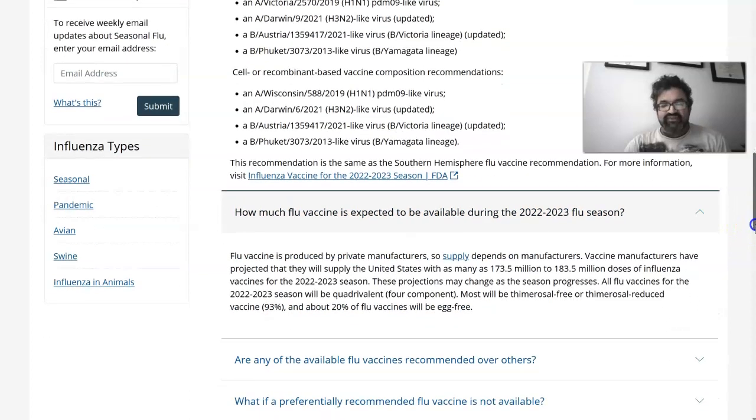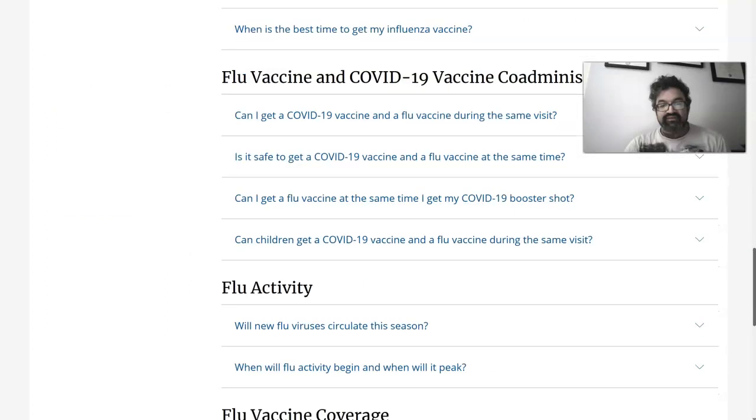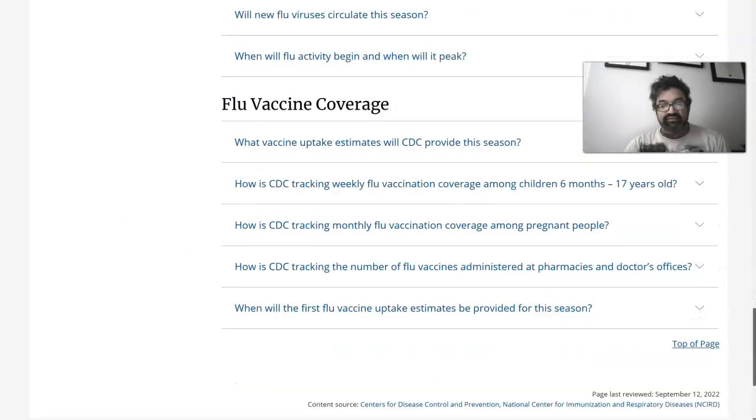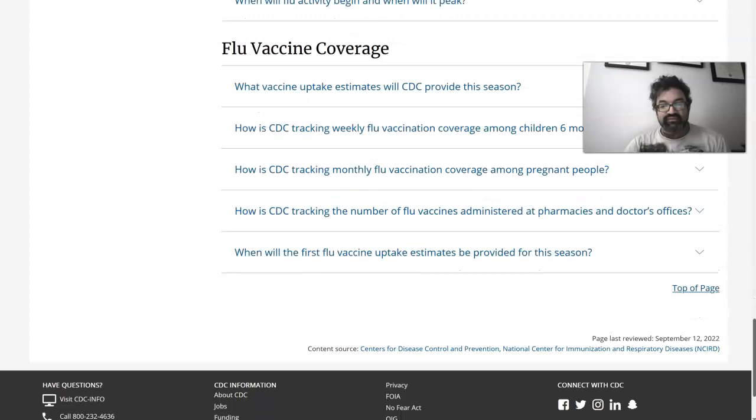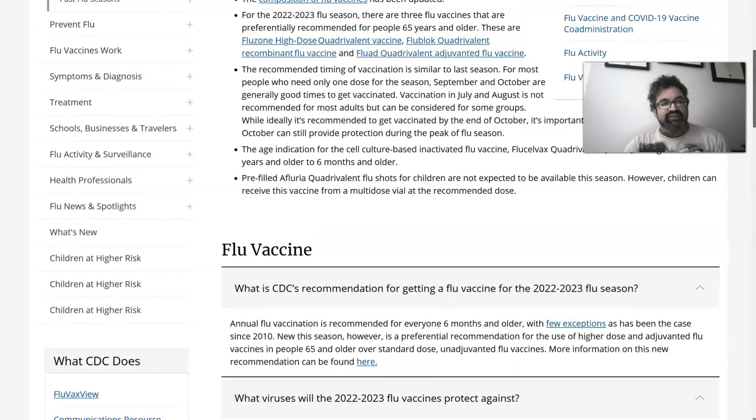Supply manufacturers have projected that they'll supply about 173.5 million to 183.5 million doses of flu vaccine. So that covers everything for now.